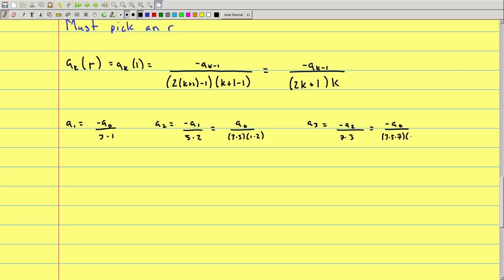And I'm grouping terms in a way that is going to be conducive to finding the pattern.